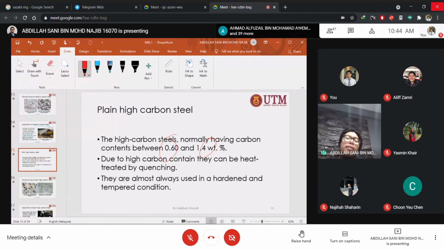So we harden it, we form the martensite, and then we expose it to an elevated temperature, so it regains back some of the ductility to be applied.